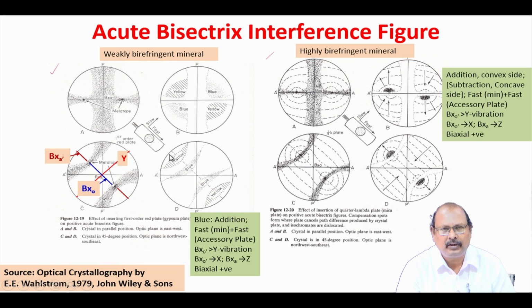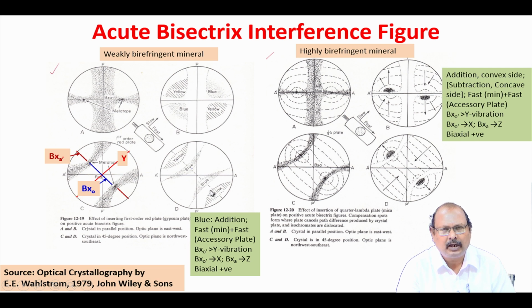At this condition you just look at what the obtuse bisectrix vibration direction is, which will be oriented northwest southeast, and you see whether there is an additive effect or subtractive effect on the convex side. In this case you have the additive effect on the convex side and the subtractive effect on the concave side here.